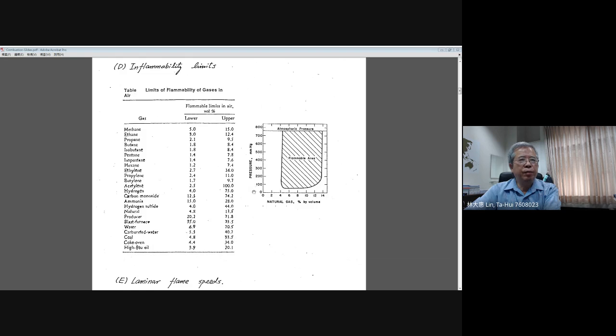But when you reduce the pressure to a very low value, then you will see an inflammable region occurs, because when you reduce the pressure to this extreme range, the collision rate of molecules becomes very small.